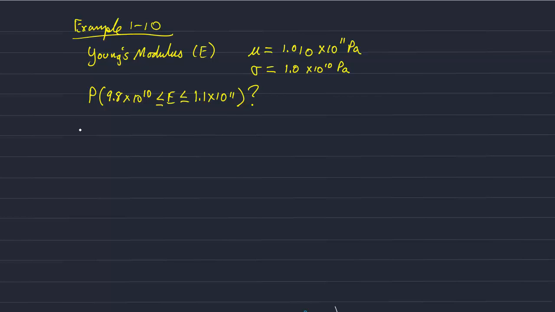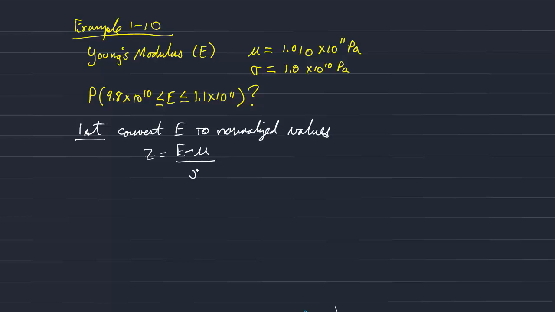Okay, so the first thing we've got to do is convert E to normalized values. And so our normalized value is Z again, and that's the difference of E from the mean divided by the standard deviation.